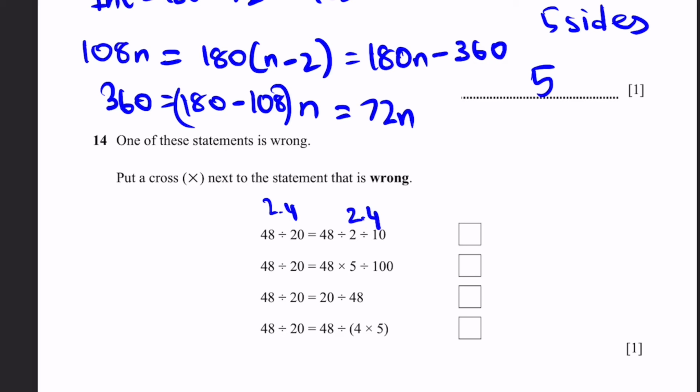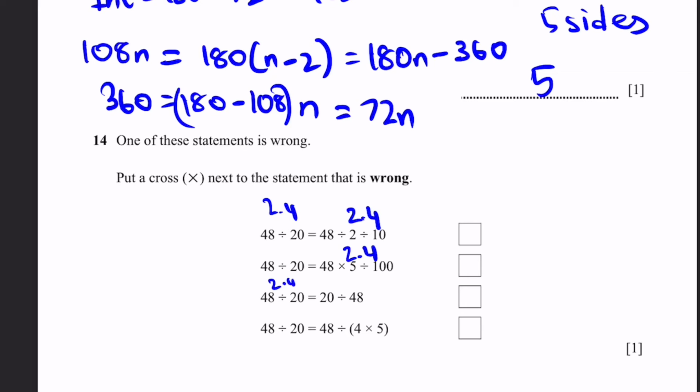Next, 48 divided by 20 equals 48 into 5 divided by 100. So 48 divided by 20 is 2.4, and 48 into 5 is 240. Divide by 100, 2.4. Correct. 48 divided by 20 equals 20 by 48.